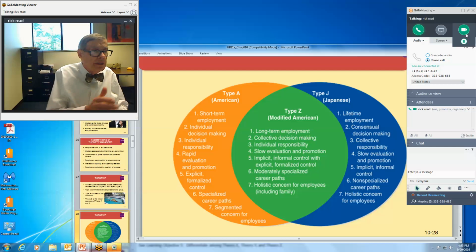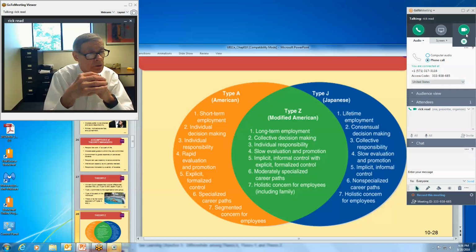So notice what he says here, that we have an American on the left, Japanese on the right, and then his Z person is a modified American. I guess the only thing that I would disagree with at the beginning there is the long-term employment, because we find that today's worker is not committed to long-term employment like he or she used to be. That is not to be seen as a derogatory comment. It's just a changing society, and we find it.